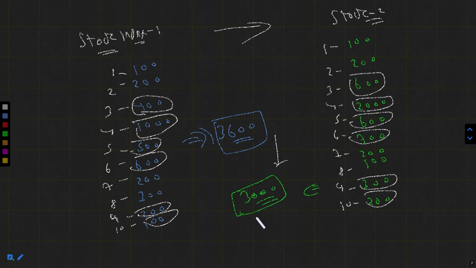What is the reason? Because some of the stocks' values have also decreased. Like in the previous one it was 300, now only 100. This is the same, this is the same. So what is going on here? The overall performance depends upon the performance of the constituent stocks. So that's how the system works.